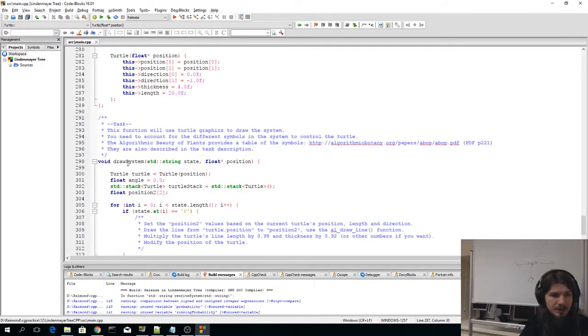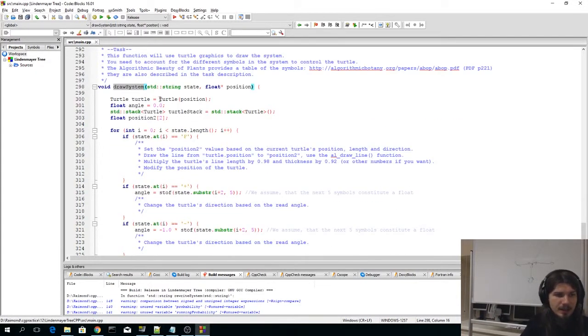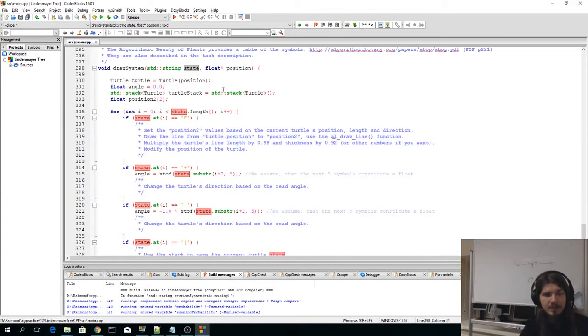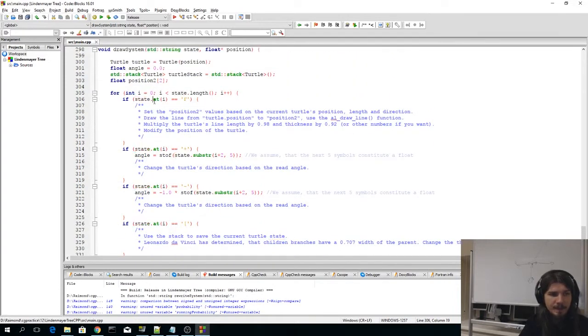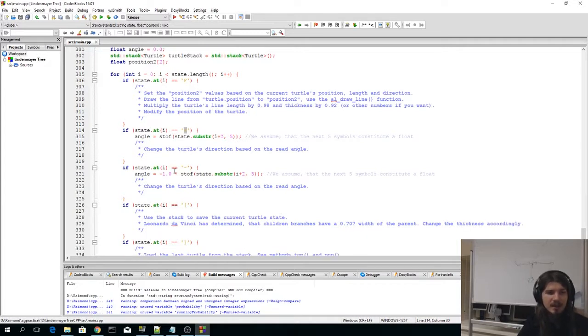Okay, and in the draw system function, we'll be actually using this turtle to draw our state of the system at some position. So the first thing we want to do is, depending on each letter in the state, it should do different things. For example, with F, it should just draw this segment. With plus, it should rotate by the amount specified after this plus sign in brackets.